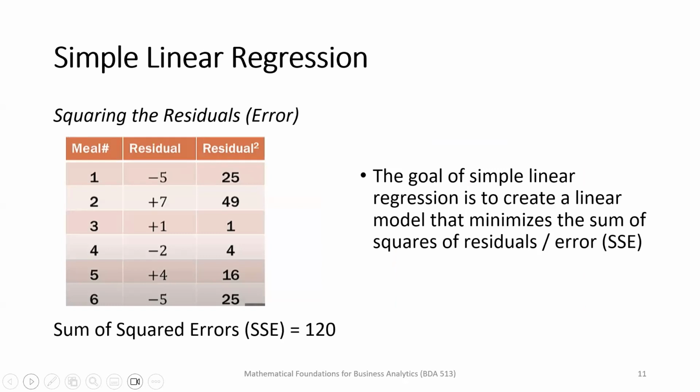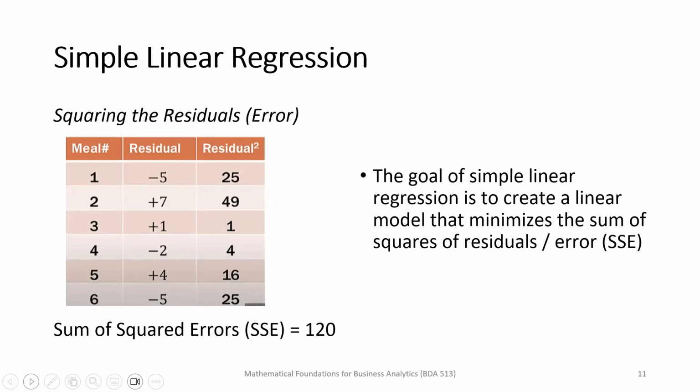So basically, the goal is to find a model that minimizes the sum of square errors. If a model gives a higher sum of square error, we are pushing for the one that gives us a lower sum of square error.